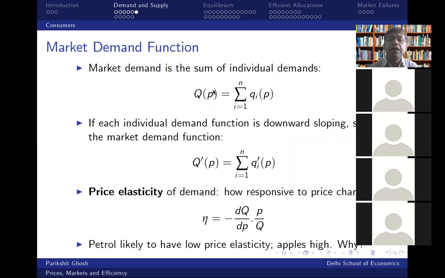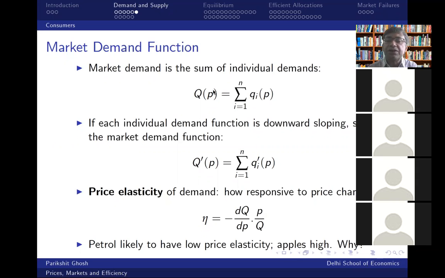Now, for many purposes, it is useful to not only have an idea of the direction in which consumer choices shift if prices go up or down, but also some quantitative idea, right? By how much, okay?